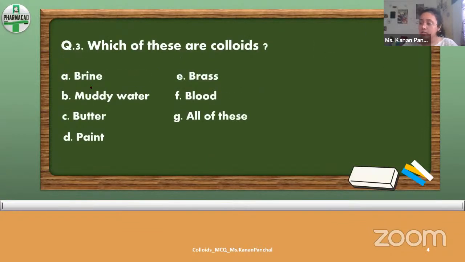Which of these are colloids? Again. All of these.